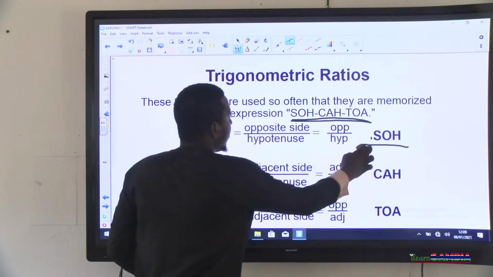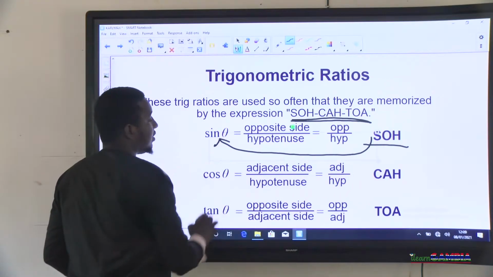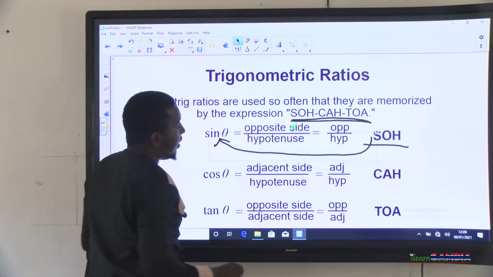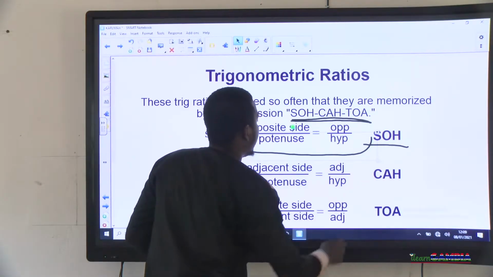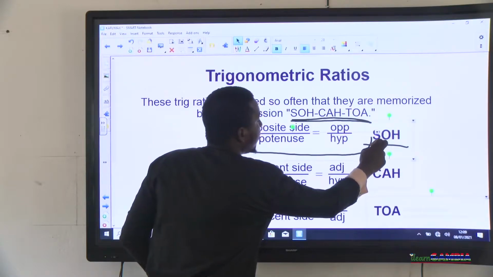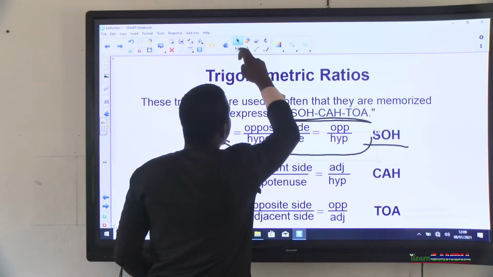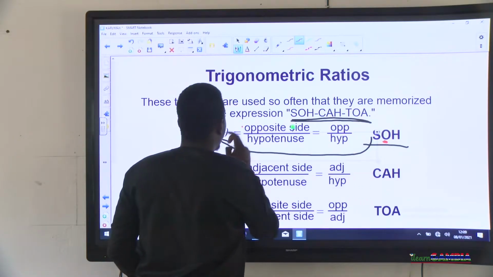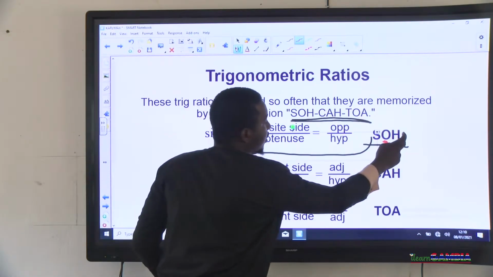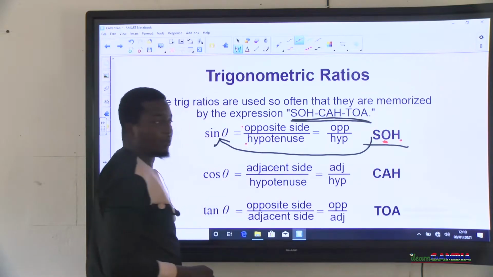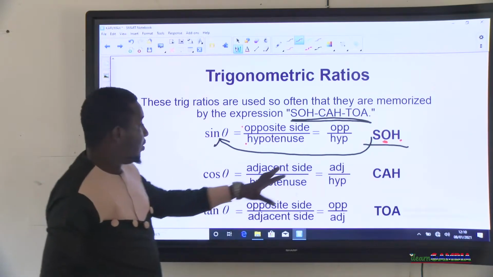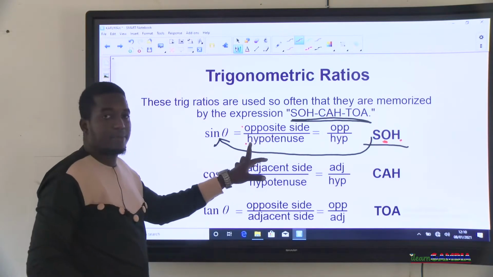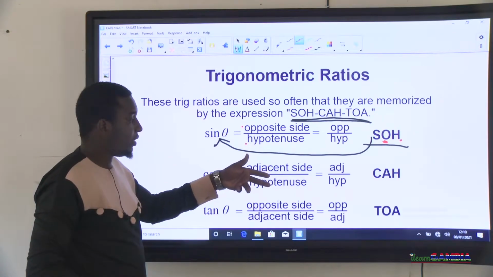The S stands for sine, O stands for opposite, and H stands for the hypotenuse. So SOH gives us sine is equal to opposite divided by the hypotenuse. That is a simple way to remember it.